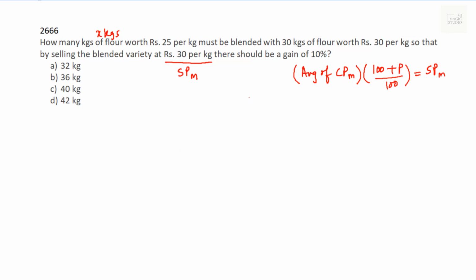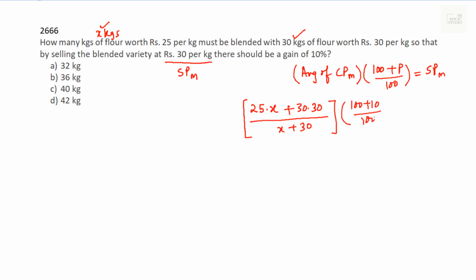Now average of cost price is cost price of the first type total, that is 25 into x kgs used at the rate 25, plus total cost of 30 kgs of the second flour is 30 into 30, divided by respective weights x kg and 30 kgs. So that would be x plus 30. This is average of the cost price of mixture per kg into 100 plus 10 by 100 equals 30 rupees per kg, the selling price, isn't it?